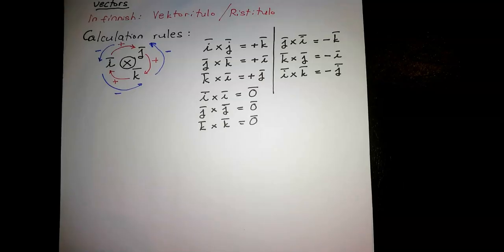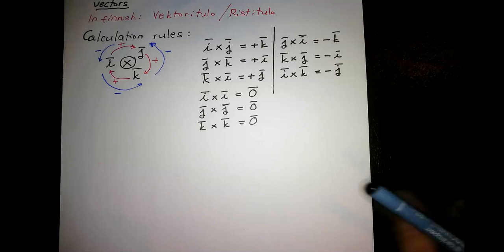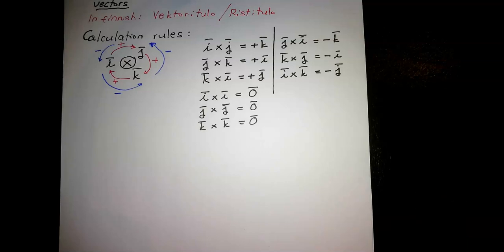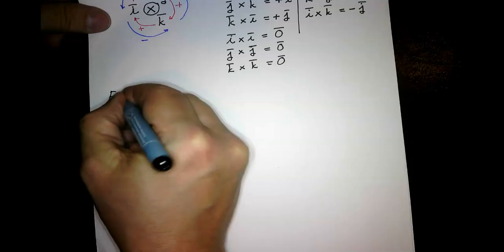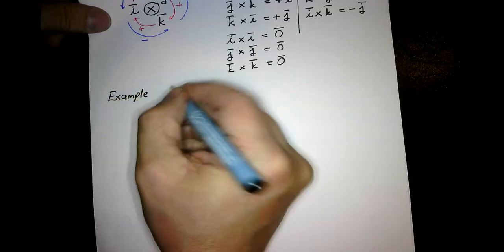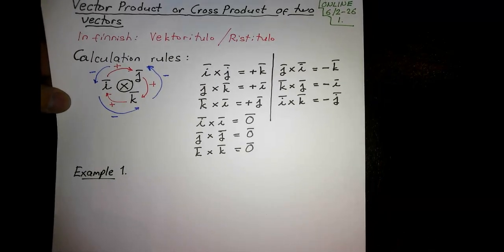You just do it in a mechanical way, but the price of that way is that it is always a longer calculation method. Let's take an example, and of course I will take one or two applications also, where we need these cross multiplications or vector products.